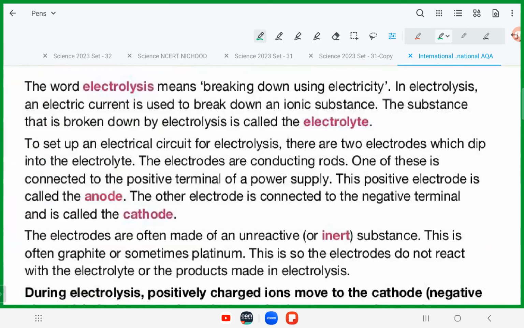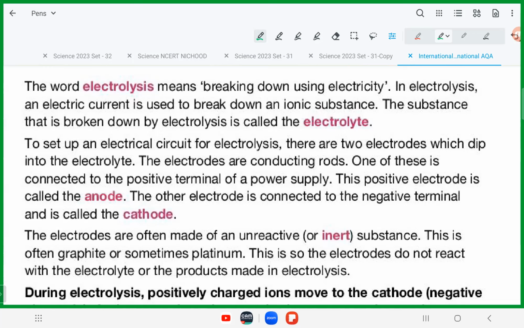The electrodes are conducting rods. One of these is connected to the positive terminal of a power supply. The positive electrode is called the anode, and the other electrode is connected to the negative terminal and is the cathode.